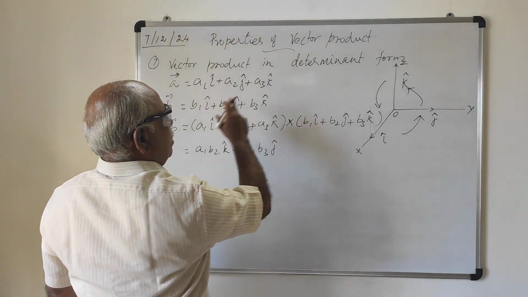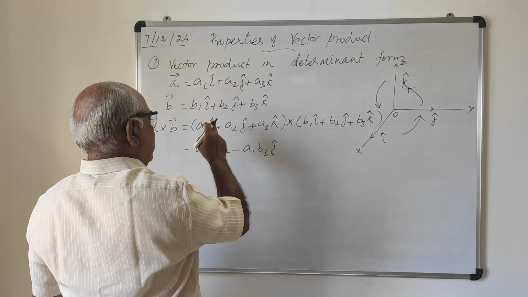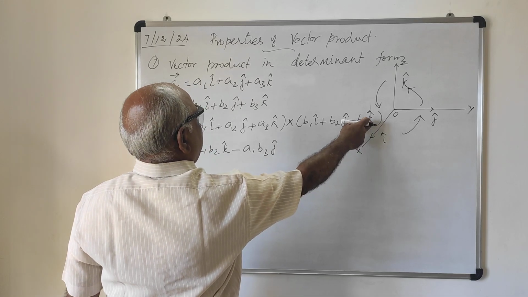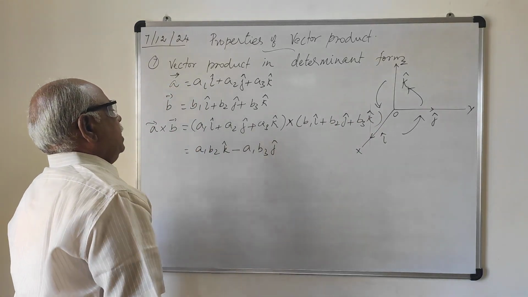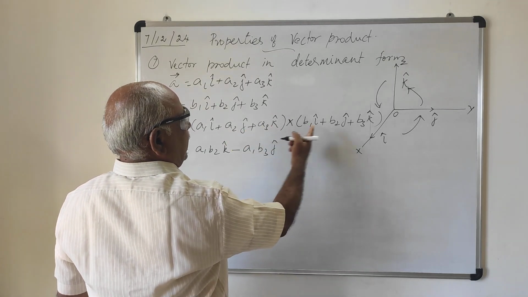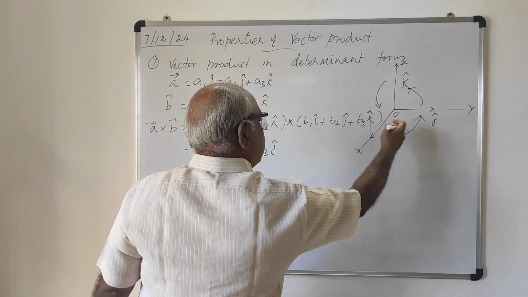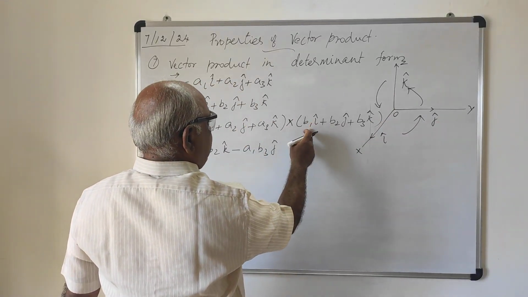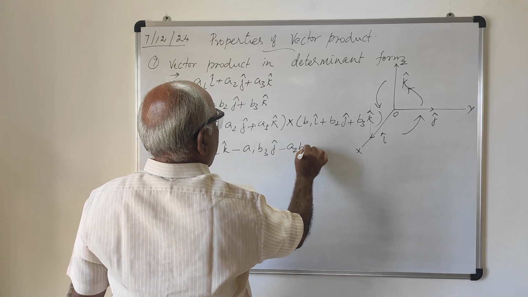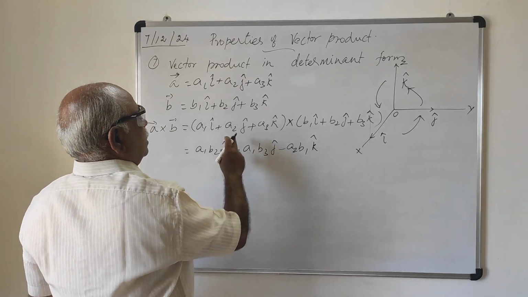Similarly, the next one: j cross i is minus k, because in the clockwise sense j cross i is minus k, therefore minus A2 B1 k.